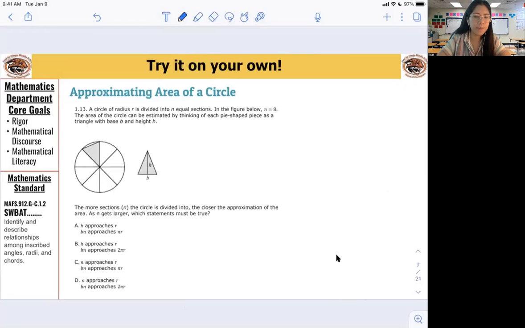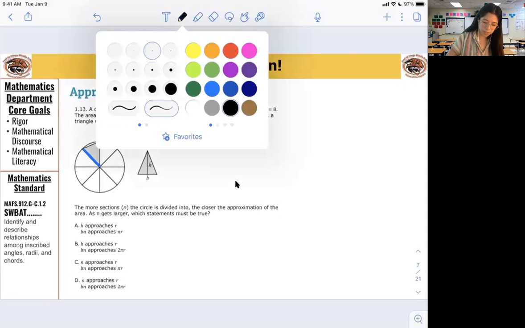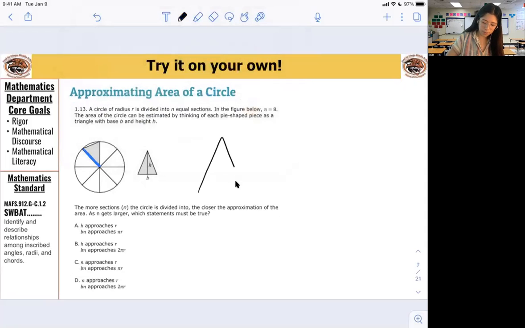Now let's take a look. Let me explain this one more time a slightly different way, because I think some of you just need to visualize it a little bit better. This is the radius, right? So on a triangle, let me make it a little bit bigger just so we can see it more clearly. On this triangle, I have the radius right here, and then the height would be this red line, okay?